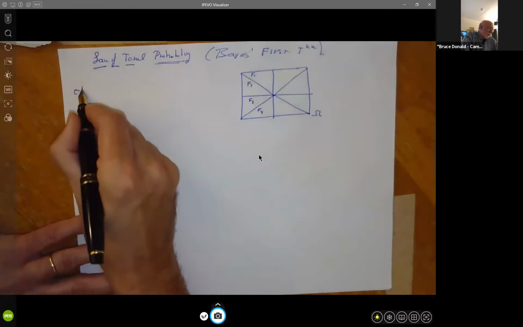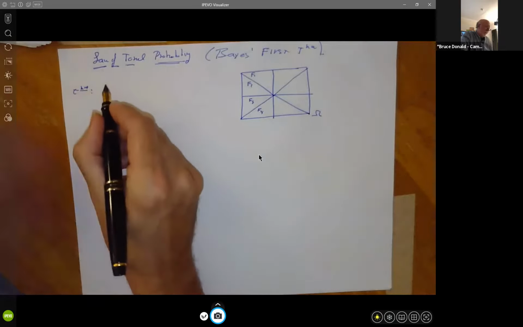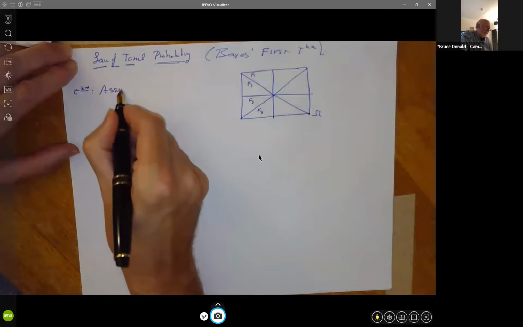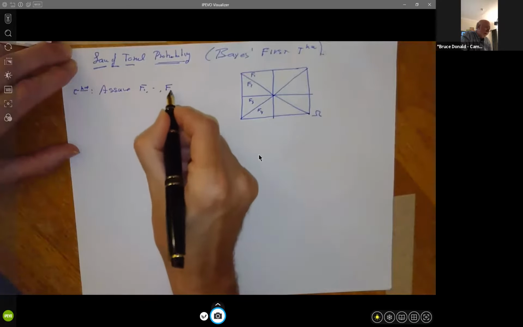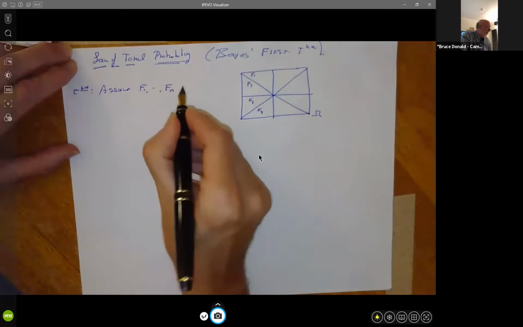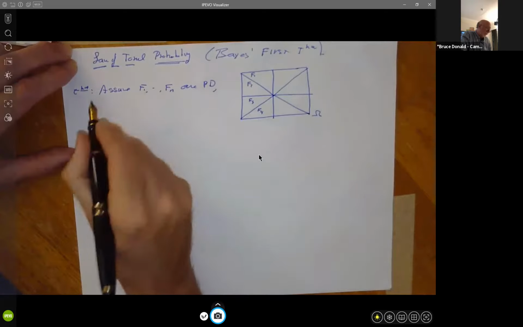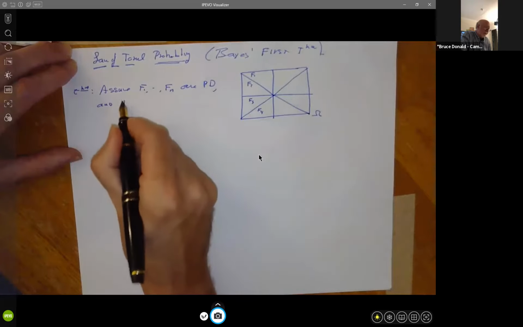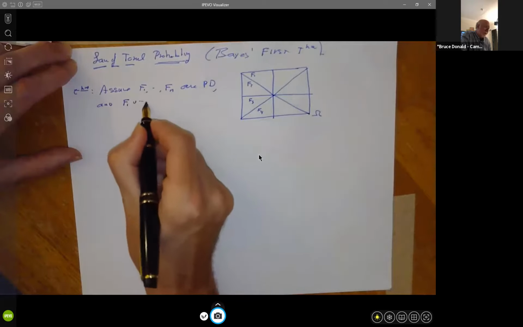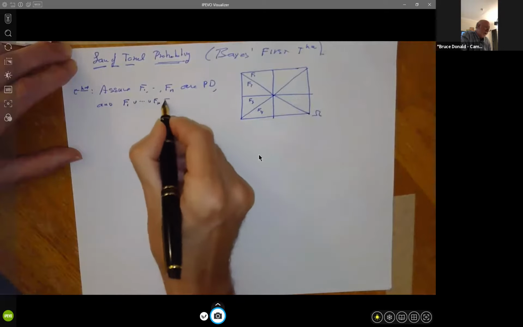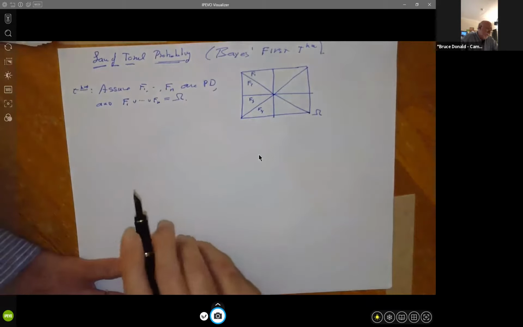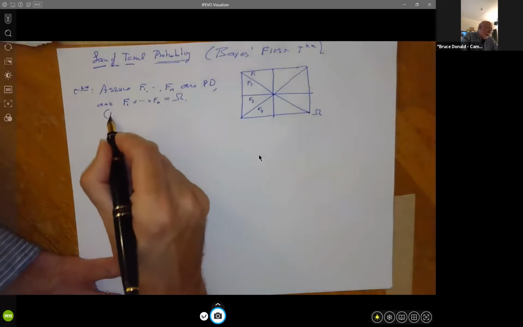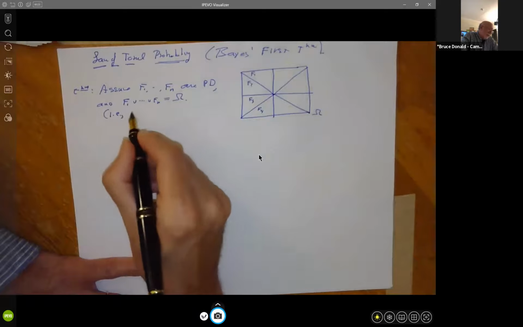So the theorem is, assume F1 up to Fn, everything's finite here, are pairwise disjoint, and their union, F1 up to Fn, equals all of omega. Now, I'll write an i.e. here, but it's not needed mathematically.